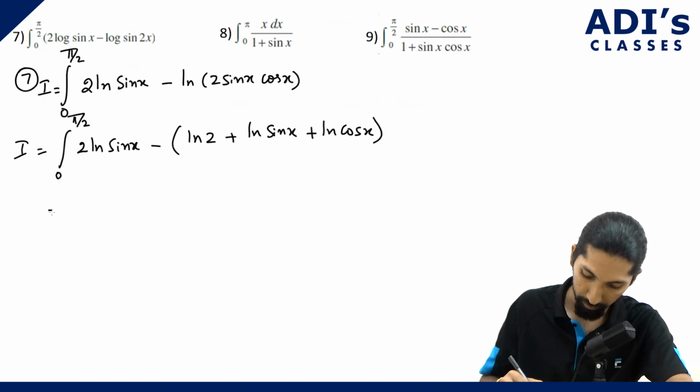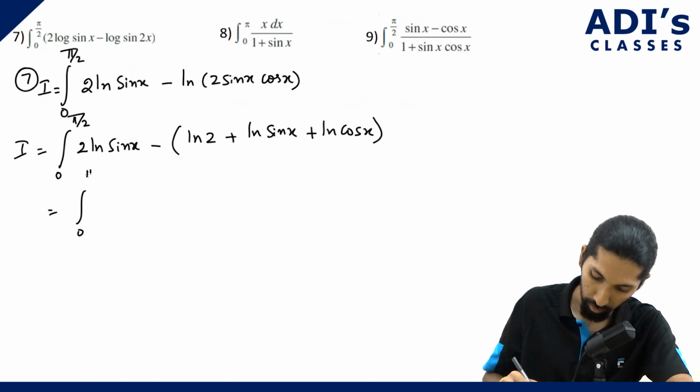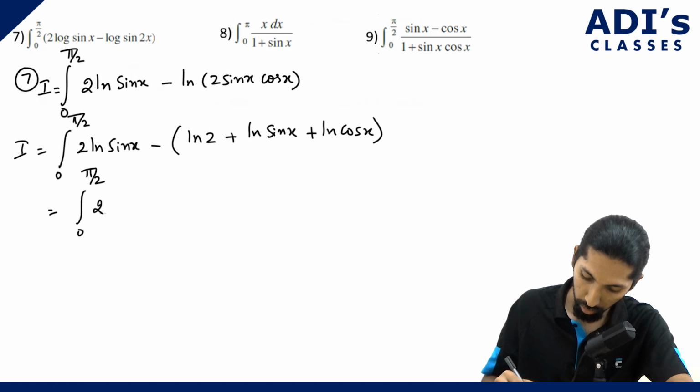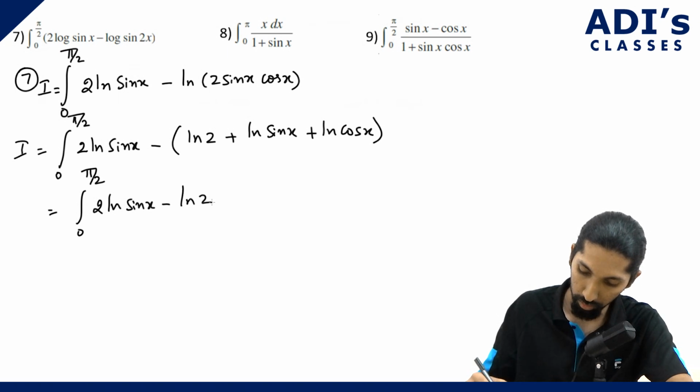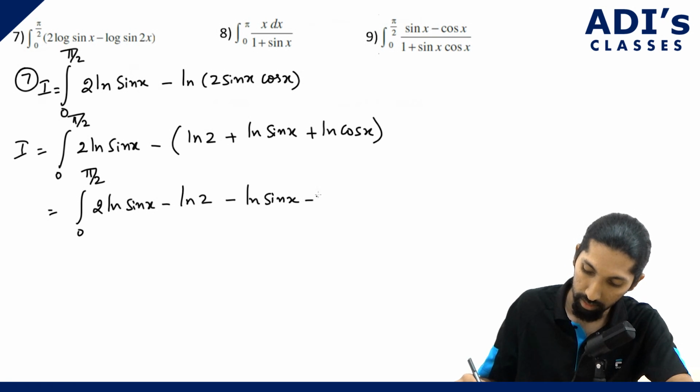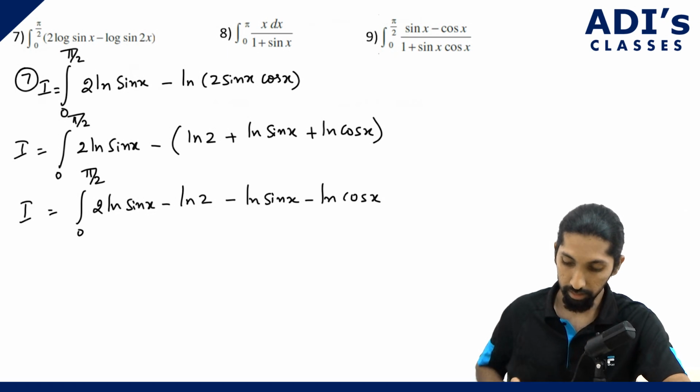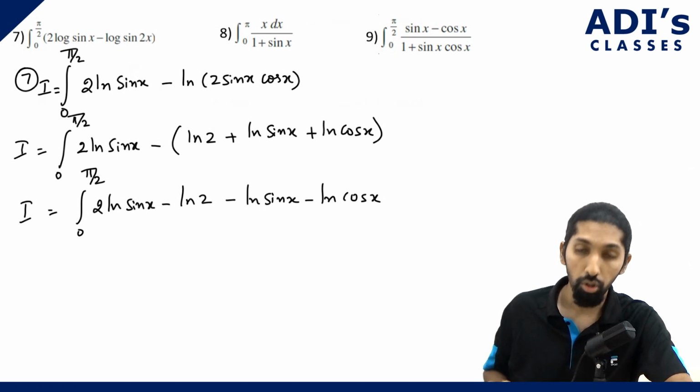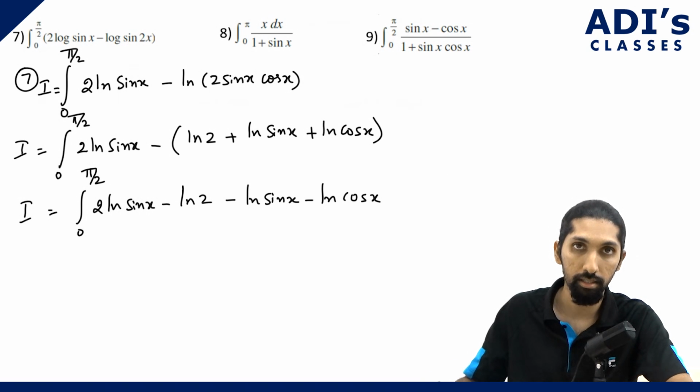So this will be integral from 0 to pi by 2, 2 log sin x minus log 2 minus log of sin x minus log of cos x. This is I. Now 2 log sin x minus log sin x, right?